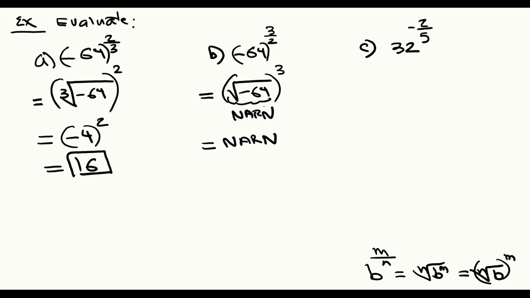So with this last one, it's slightly different from the ones we've seen, because this is the first one where we encounter a negative exponent along with the fractional exponent.